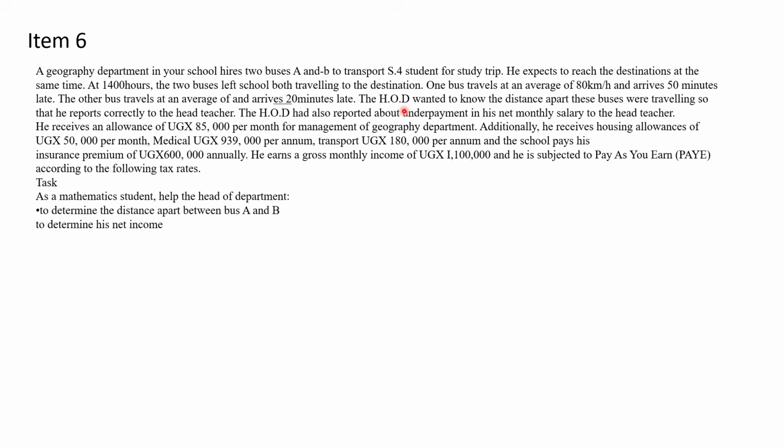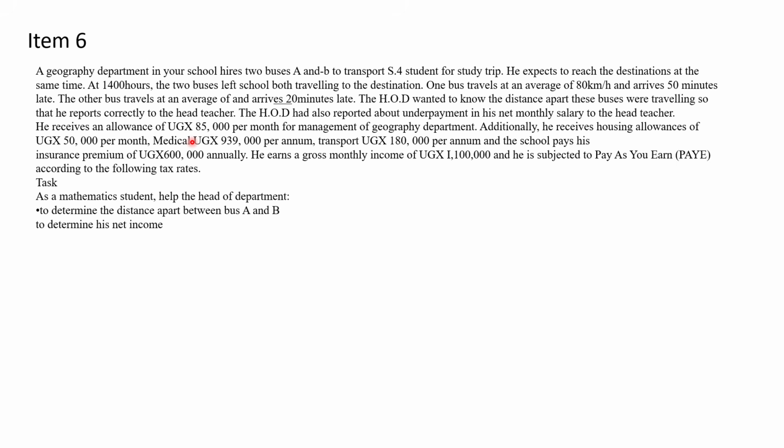The head of department wanted to know the distance apart these buses were traveling so that he reports correctly to the head teacher. The head of department also reported about underpayment in his net monthly salary to the head teacher. He receives a managing allowance of 85,000 per month for management of geography department.